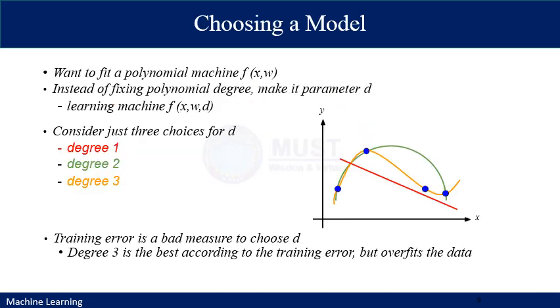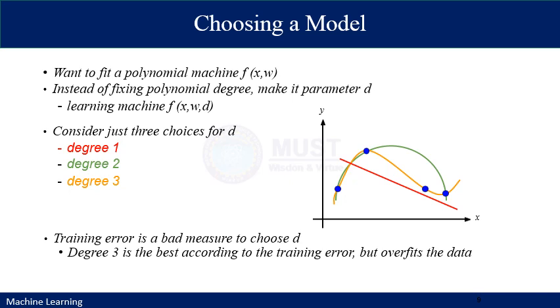Selection of a model is a critical aspect towards the success of your machine learning project. For example, we want to fit a polynomial machine learning algorithm to the provided data in blue dots. The blue dots represent the training examples.